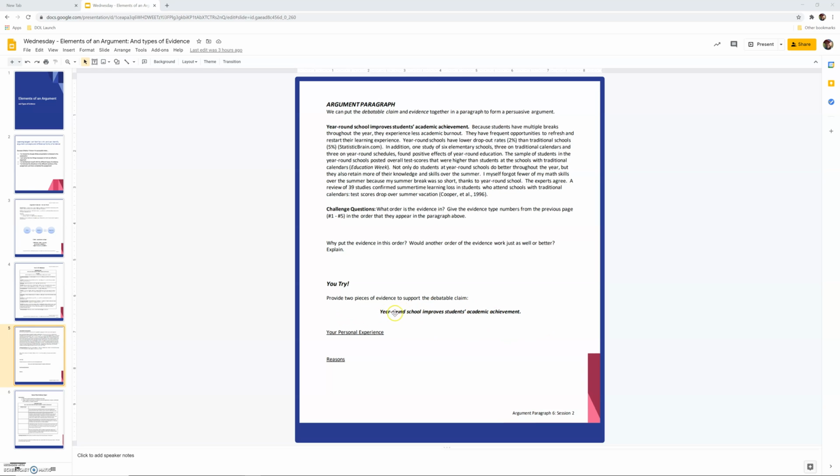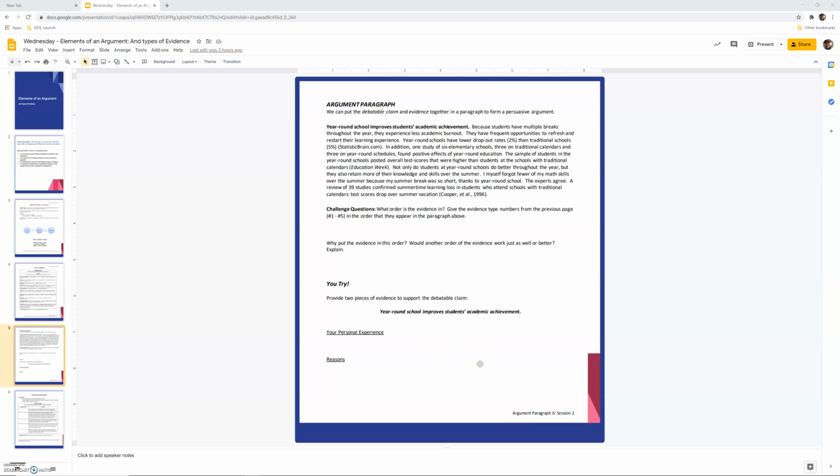It says provide two pieces of evidence that support the debatable claim: personal experience or reasons. So either your personal experience in a regular school where there is not year-round school. Does that work well for you? Do you enjoy that, or do you think that year-round school would improve student academic achievement?